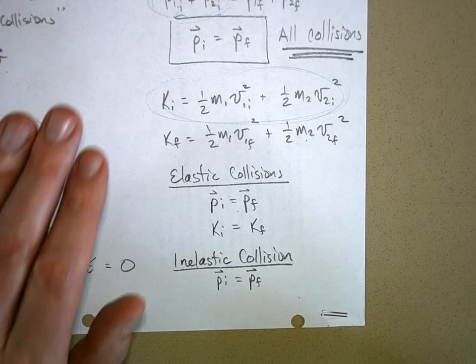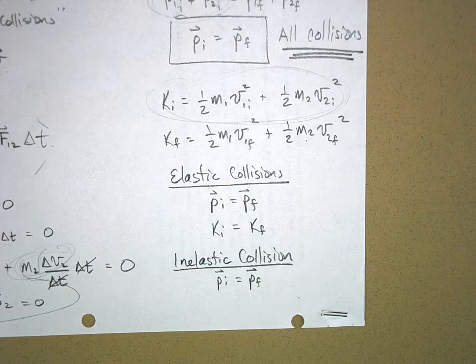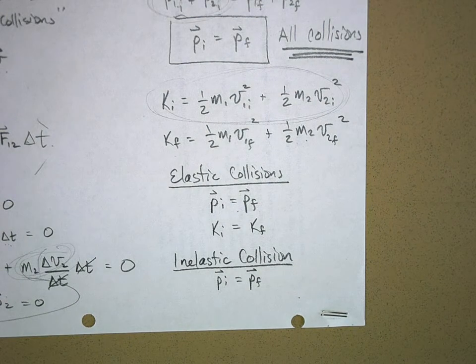But in an inelastic collision, you give off sound during the collision, or you dent the material, you make it warmer, you create internal energy, which is the vibration of molecules after they hit.